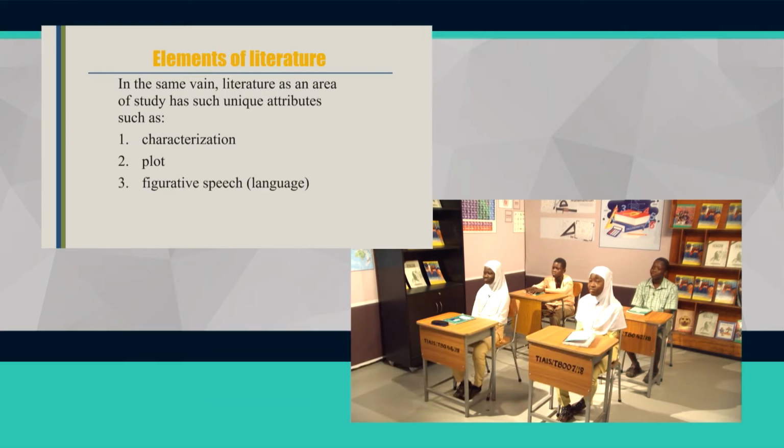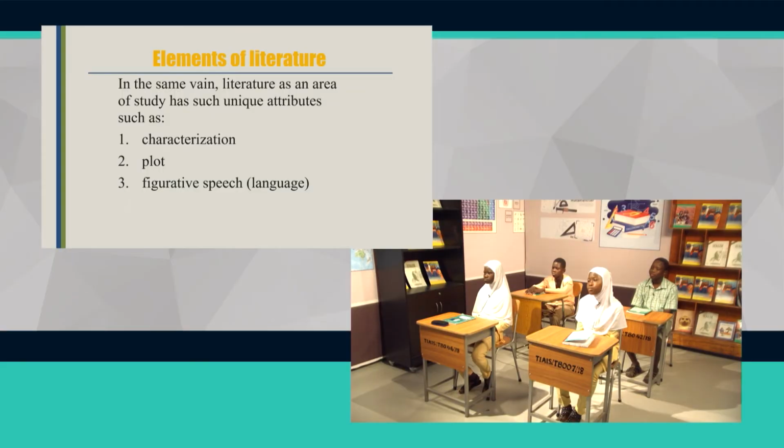Then you hear things like figurative speech. That's a language. Just as some of them said that they were speaking in what? In parables. Yes, you see that the language is different. And that unique language that is used in literature is known as figurative speech. So you hear things like that.